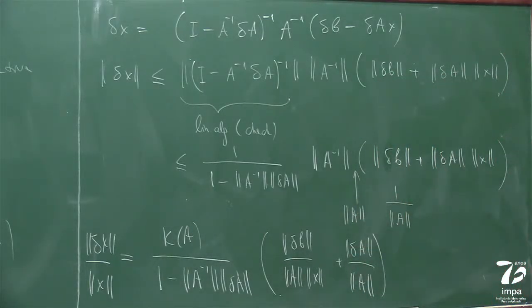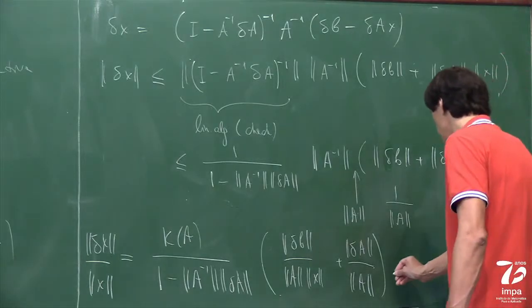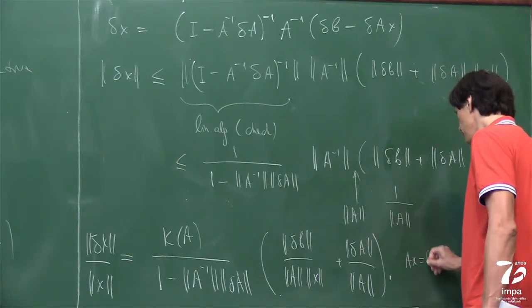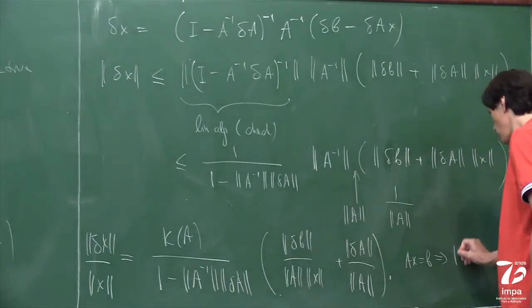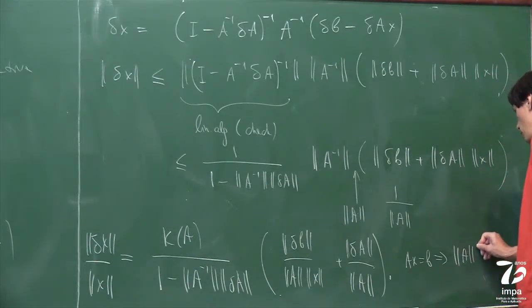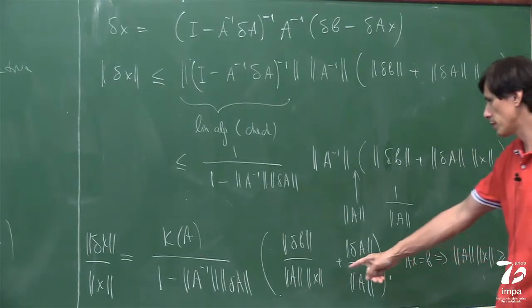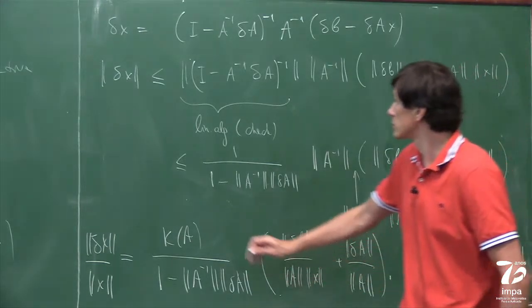So what remains to see is that, remember that Ax equals b. So A in the norm form, it's an inequality. So this is bigger than b. This is smaller than or equal.